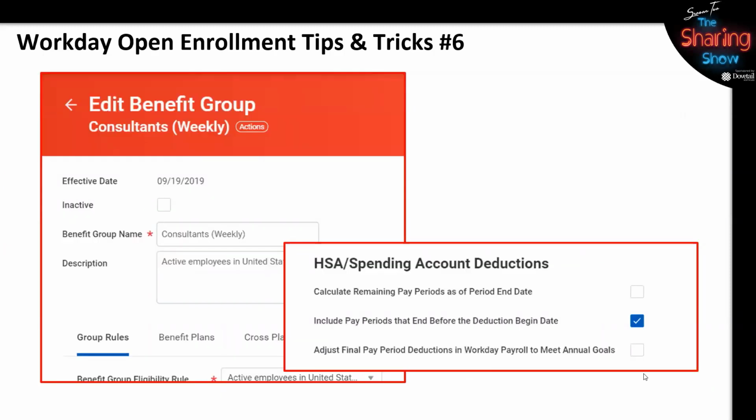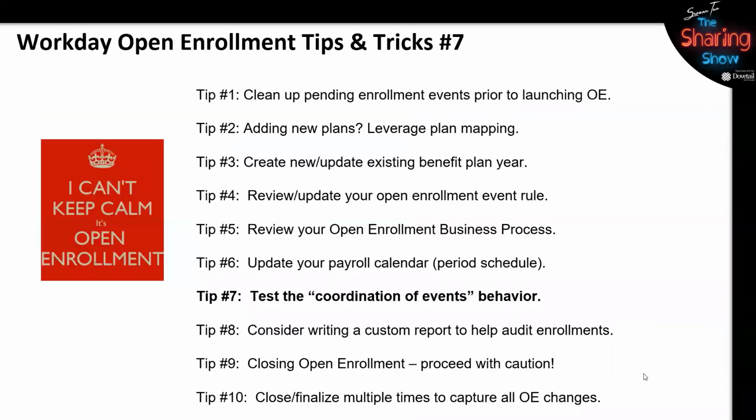If you look at the edit benefit group, at the bottom of that section there is an HSA or spending account deductions section, and you have different options like calculating the remaining periods as of the period end date versus the pay date, including pay periods that end before the deduction begin date, and adjusting the final pay period deductions in Workday to meet annual goals. All of these were introduced to help with accuracy in getting the correct year-to-date amounts on those spending account deductions.